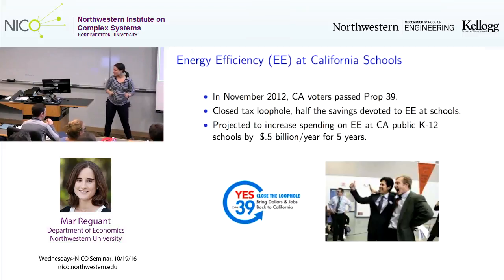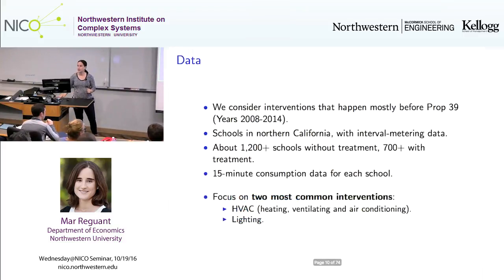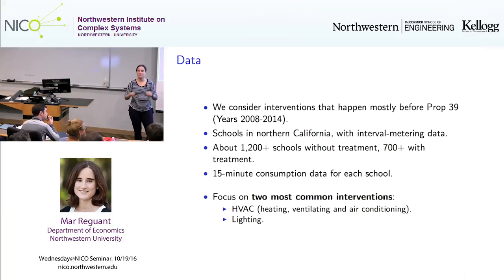Actually, our data will go back to 2008. So we will have many, many measures that come before this $500 million. It's not that the schools were not spending money on energy efficiency. It's just they were not spending nearly as much money. Our data is until 2014.